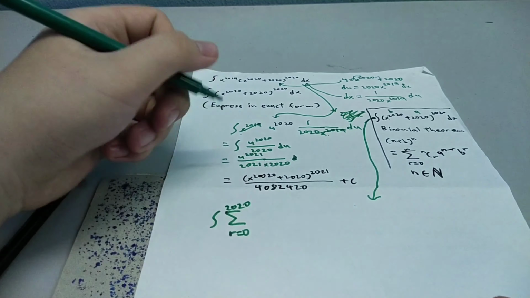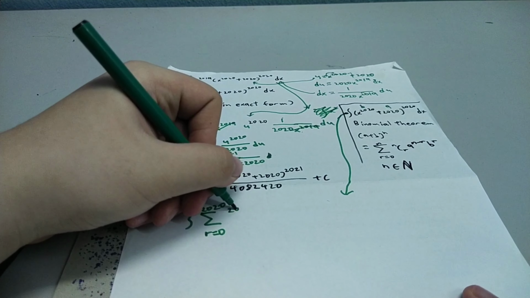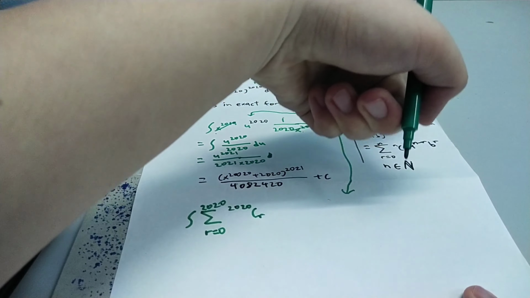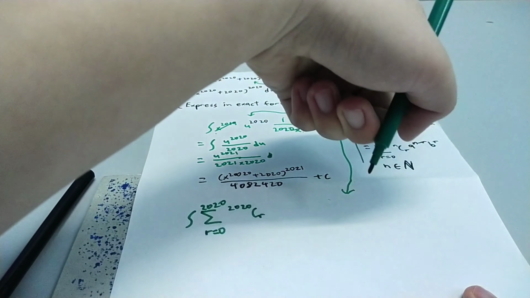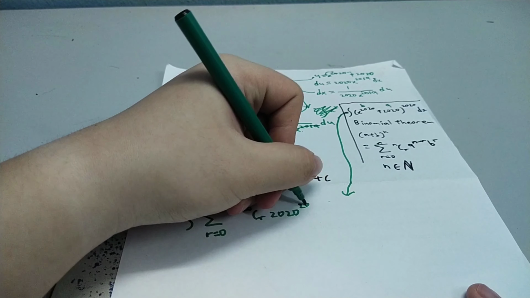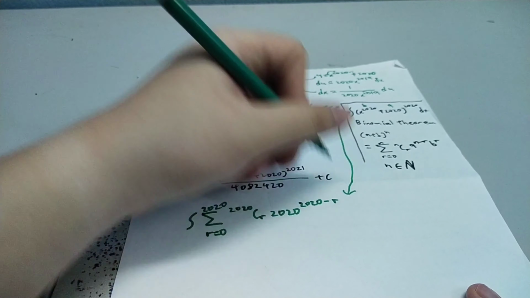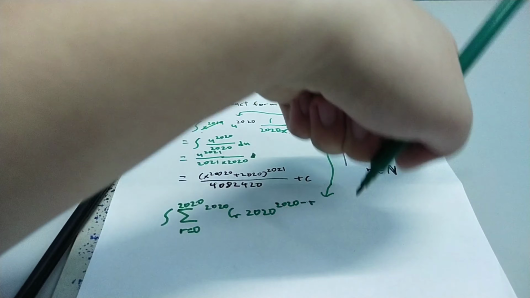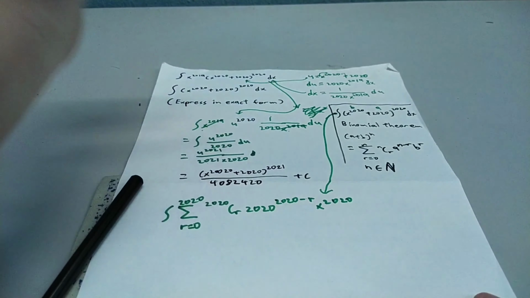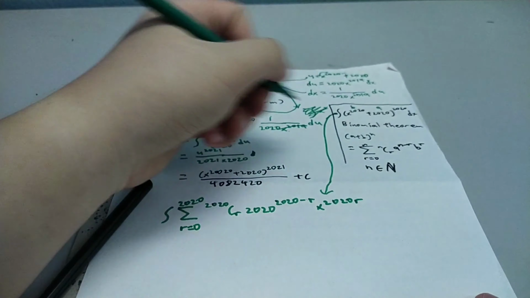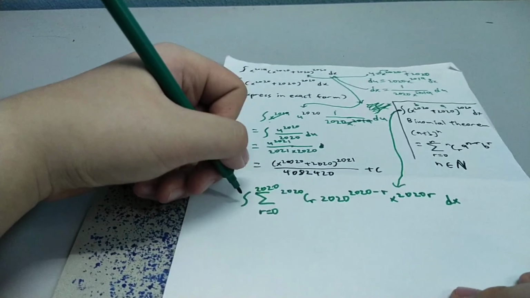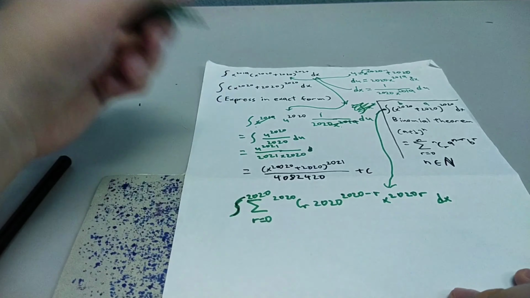So 2020 choose r times, I say b, but let me say a first, 2020 to the power of 2020 minus r times the b, which is x to the 2020, now by the law of indices, to the power r, and then this whole thing dx. Let me just draw the integral sign bigger.